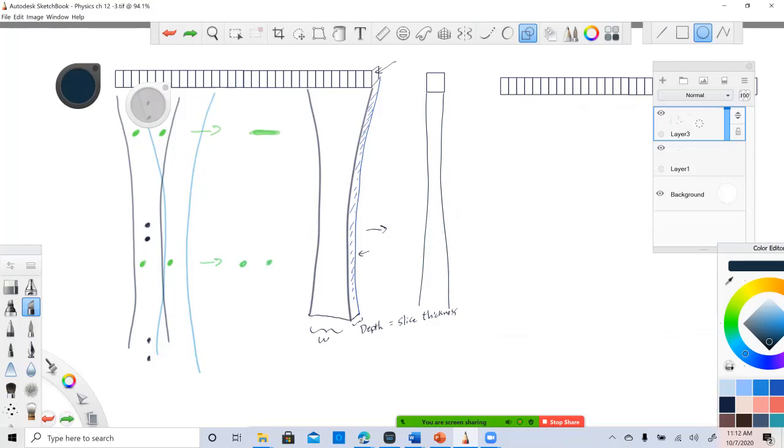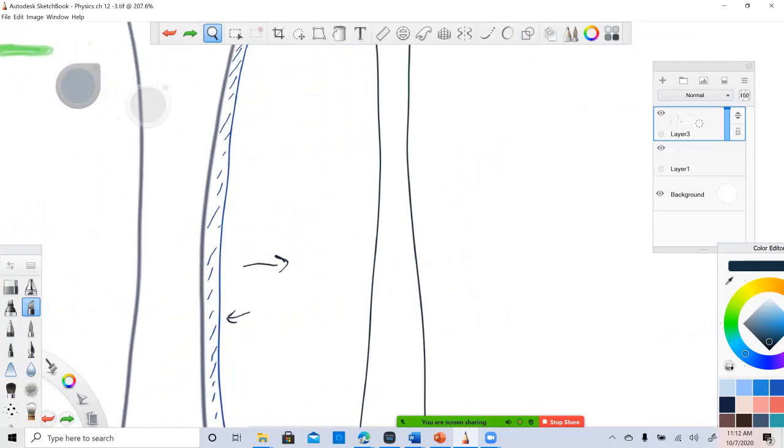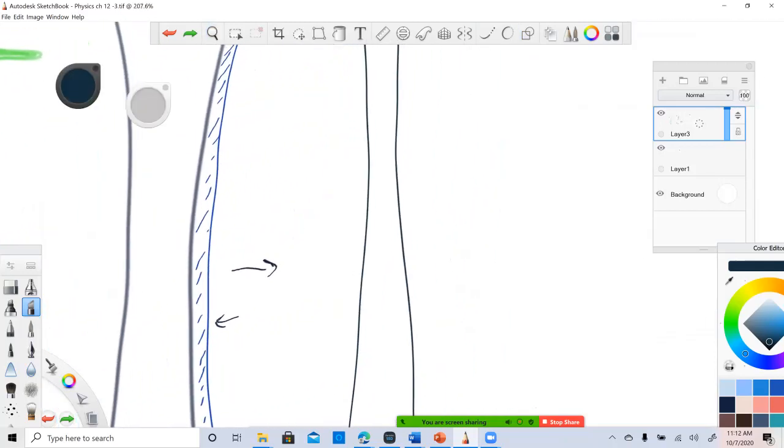Now I got it. Let me zoom in, because I should have made this bigger. All right, slice thickness. And we have a small little vessel.